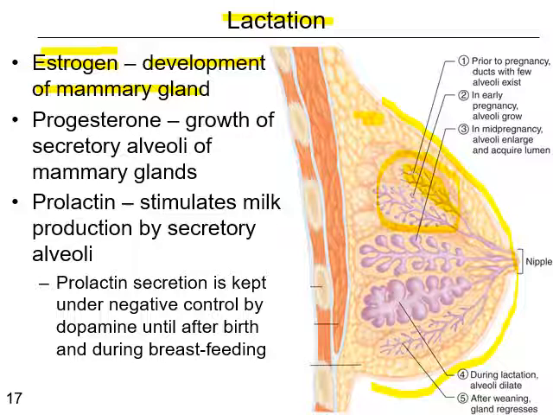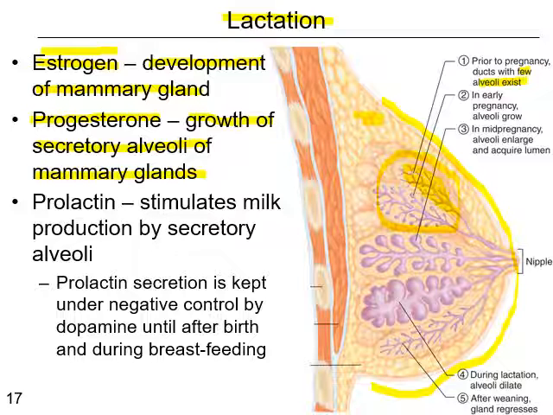So prior to pregnancy, few ducts contain the so-called secretory alveoli. So let's jump ahead to progesterone. Progesterone, also sustained and high during pregnancy, causes the growth and development of secretory alveoli of the mammary gland.